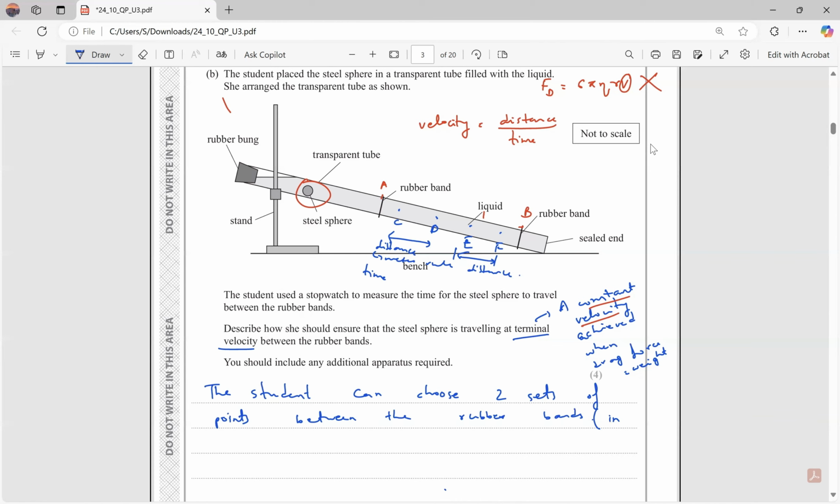So between the rubber bands, measure the distance between the first set of points, and then we can mention C and D on the diagram.